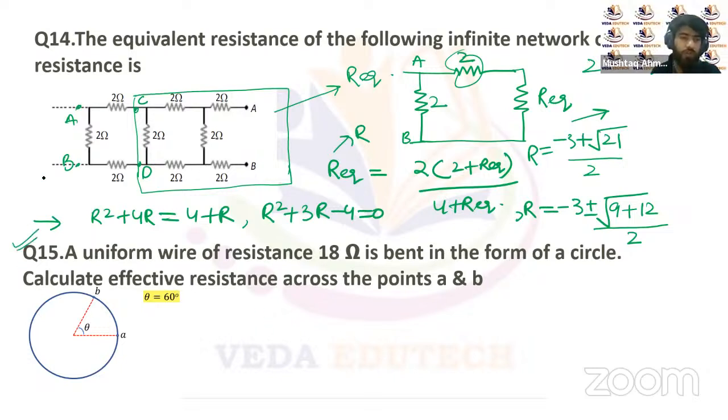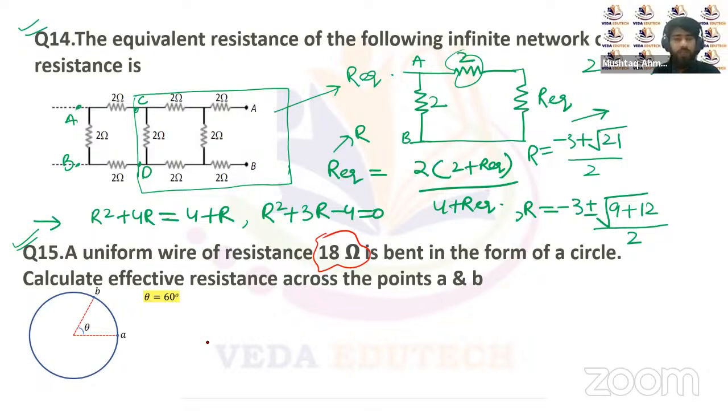Now moving on to question number 15. A uniform wire of resistance 18 ohm is bent in the form of a circle.